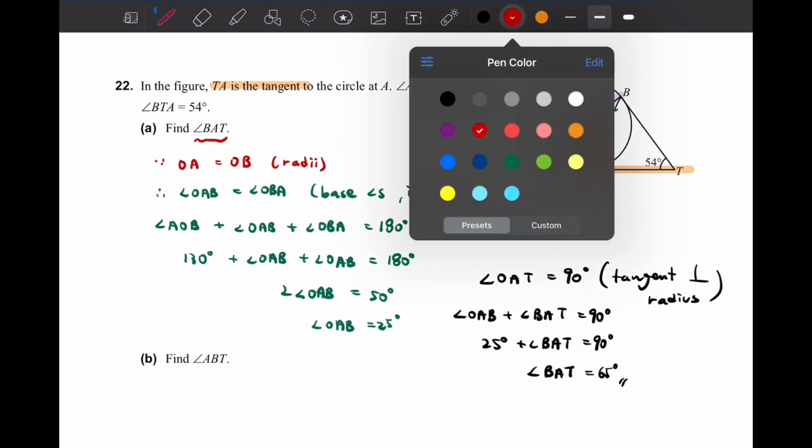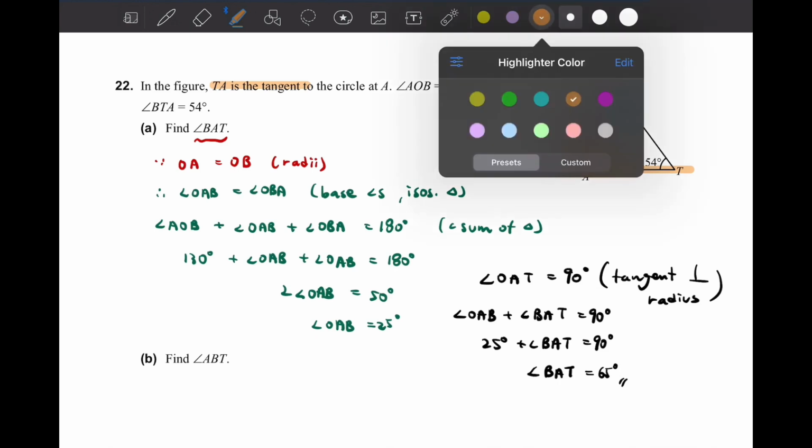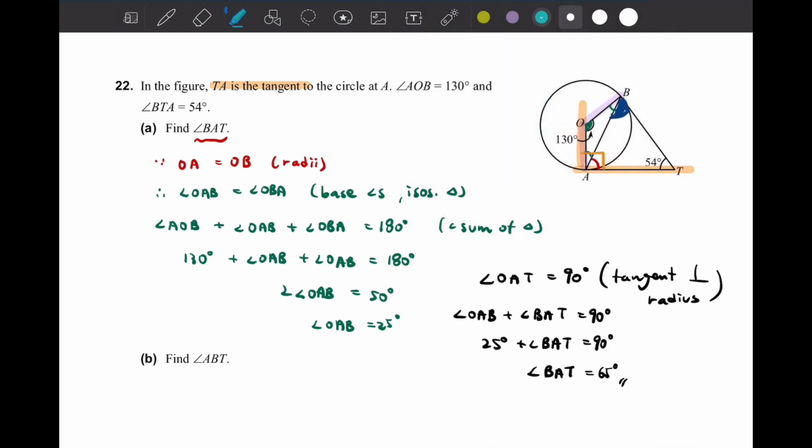So let's look at part B. It says find ABT. So let's look at where's your ABT. So this one is your ABT here. And how can we find that one? So this one is actually pretty easy. Sometimes, if you can't find the answer from part A, don't give up, because you can see that part B is very easy.